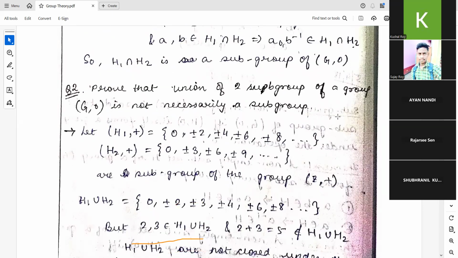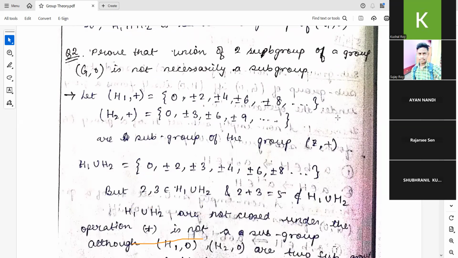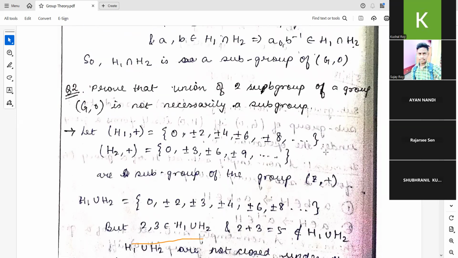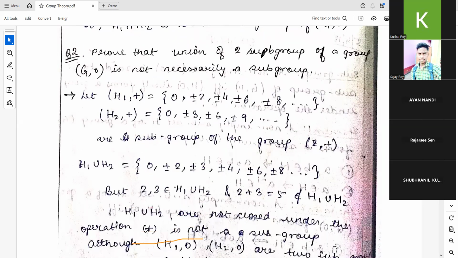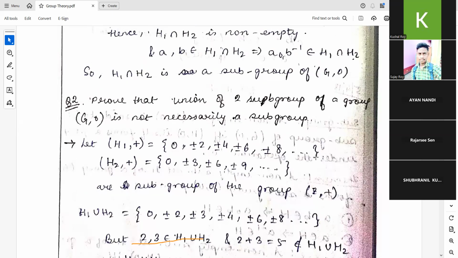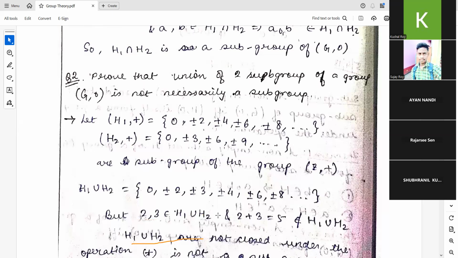And we can show that the union of two subgroups may not necessarily be a subgroup. If we consider the group Z plus, the set of all integers with respect to the addition operation, all of you know that it is a group. Consider 2Z plus, which means all the integers that are multiples of 2.